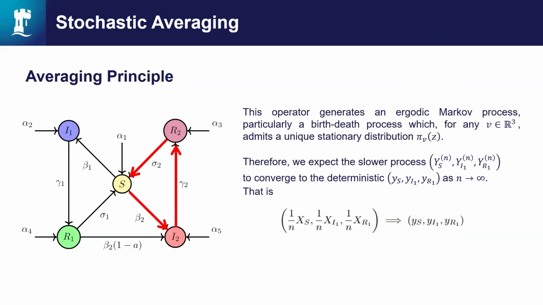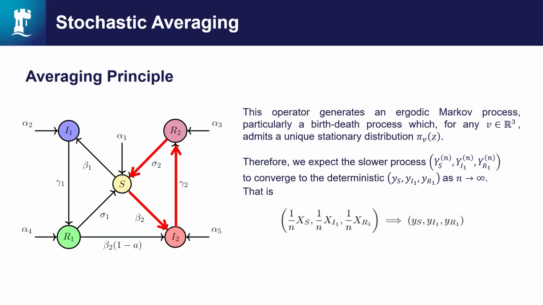And then this operator, this fast operator for these fast equations, gives me something called an ergodic Markov process, which admits a stationary distribution, which, long story short, and cutting out a lot of heavy maths, gives us our average values.